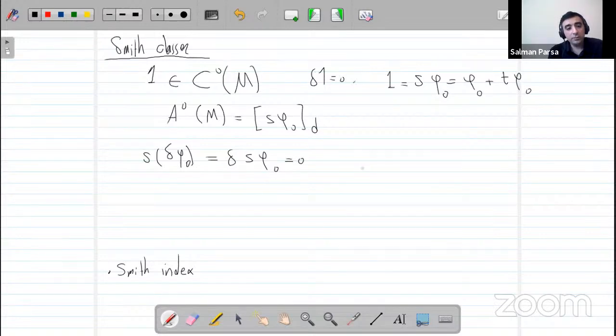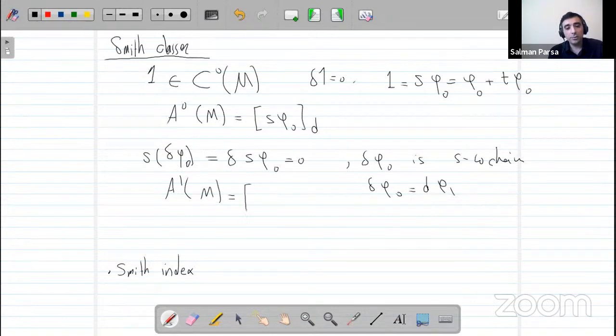And therefore the coboundary of phi naught is an S cochain. And we can write it as D times some phi 1. And we define A1 of M to be the S cohomology class of this D phi 1.